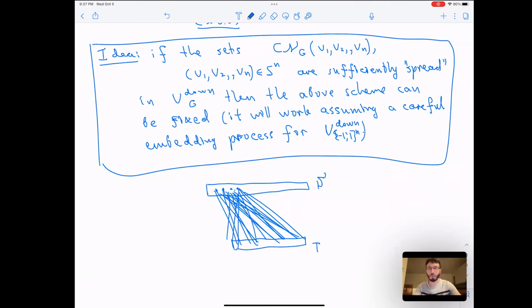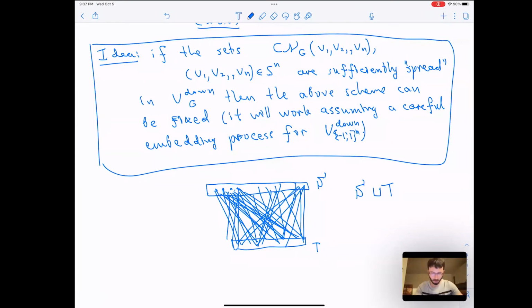Since it's true for every n-tuple in S, it is true for every vertex in S. So we'll have just a complete bipartite subgraph on the set S union T. So what can we do with this subgraph?